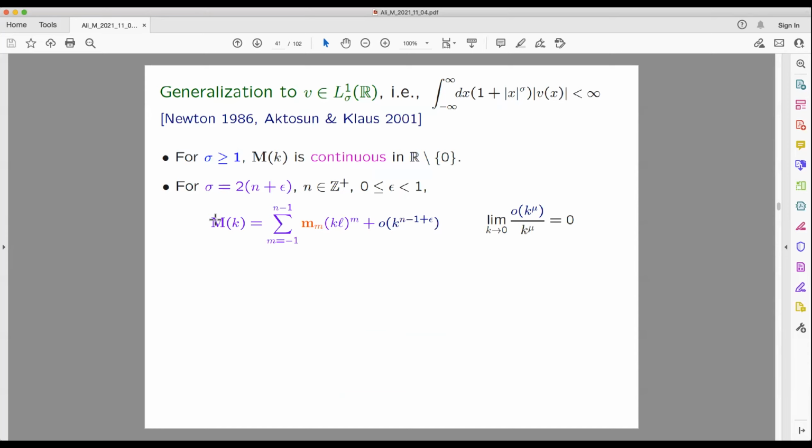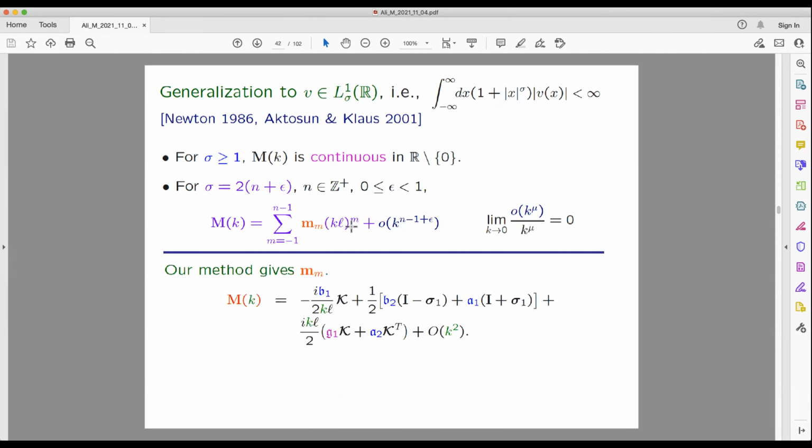So you get this kind of expansion. And the nice thing is that the coefficients of the polynomial piece, the analytic piece, are the same as before. So we can use our method to calculate the leading order polynomial dependence on K.